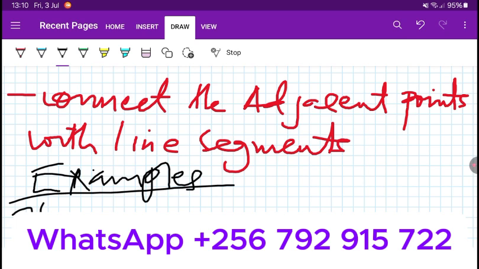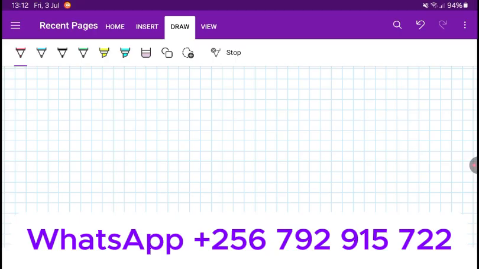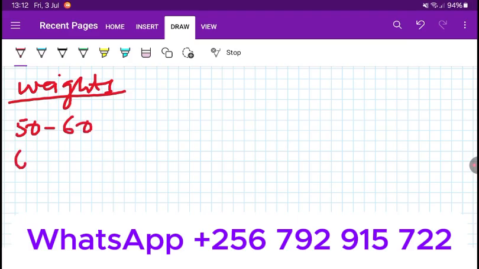Let's say the weights of 65 children are given by the following table. Let's have the table looking at the weights: maybe 50 to 60, 60 to 70, 70 to 80, 80 to 90.